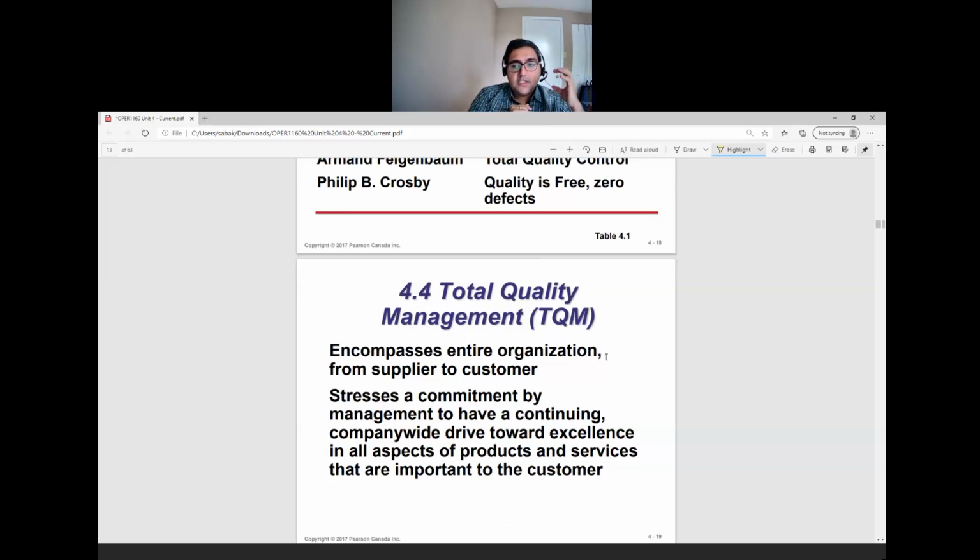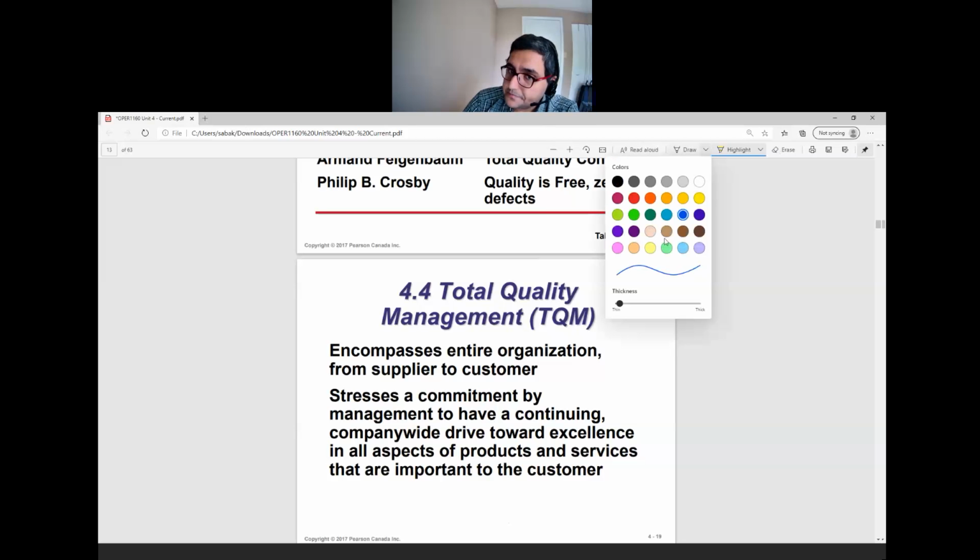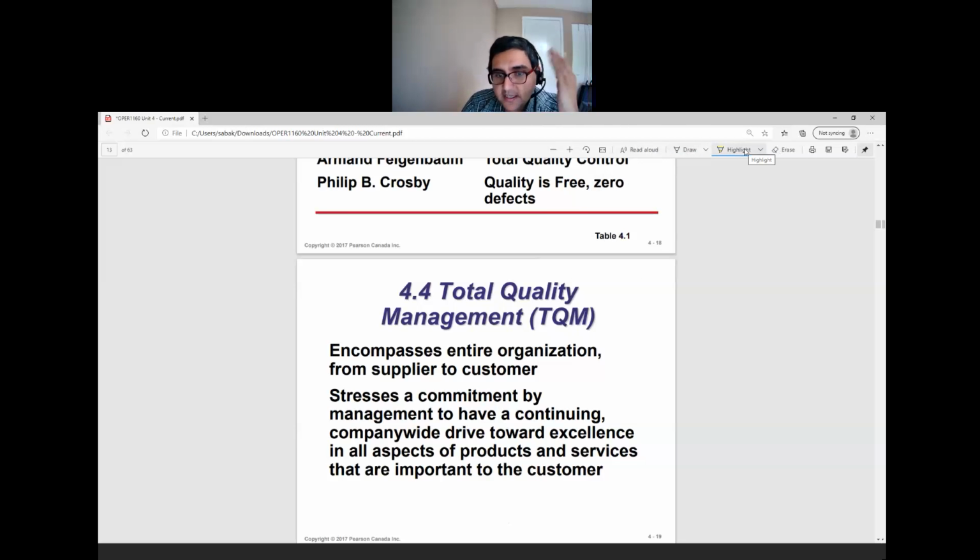As I was telling in the beginning, the first focus of this course was on the quality of the product. Now, this is not focusing on the product alone. This is focusing on the full organization. The basic difference between the first part and this is that here we are focusing on the entire organization and not just one product.